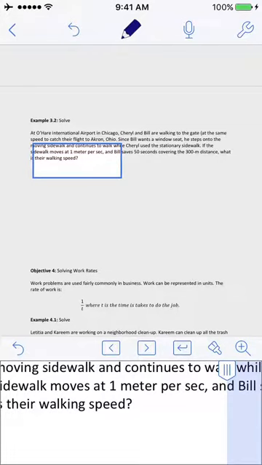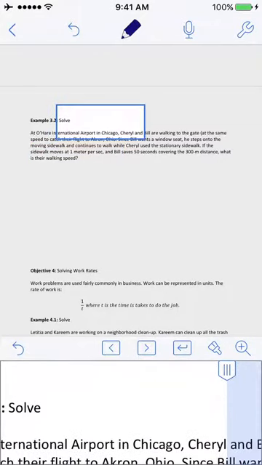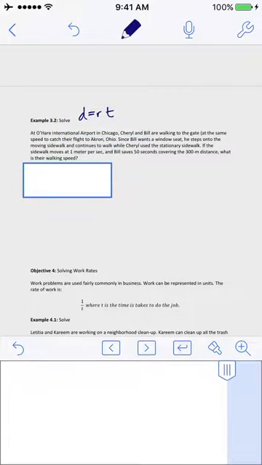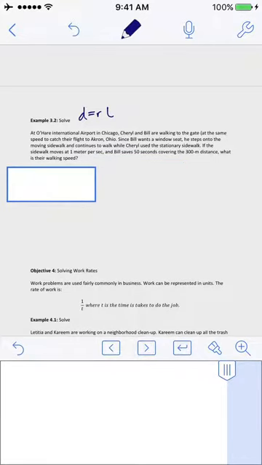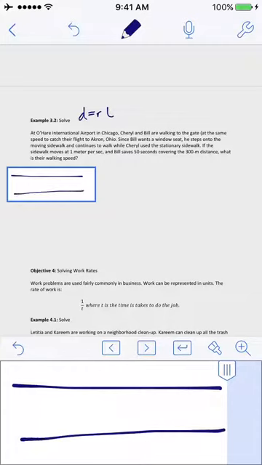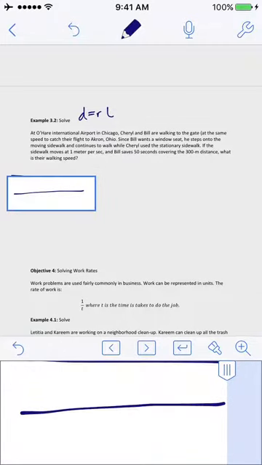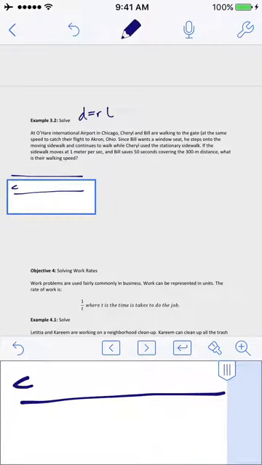All right. So again, we're using distance equals rate times time. Let's again set up one of those tables. So let's set up one for Cheryl and one for Bill.